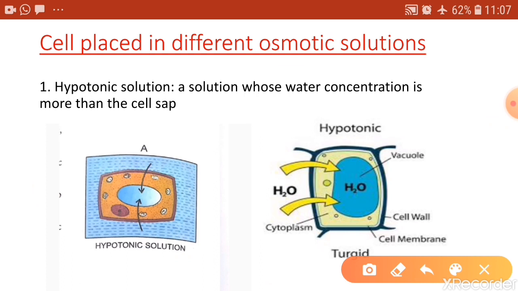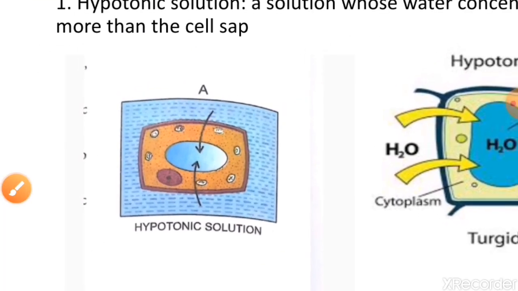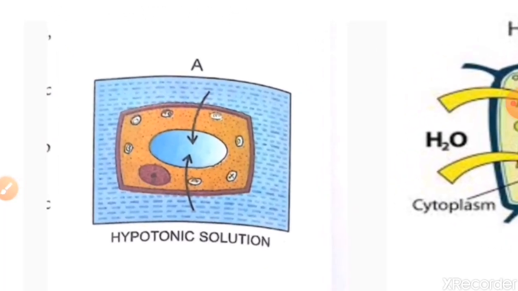We'll see what happens to plant cells and animal cells when they are placed in these three types of osmotic solution. First, let us study the hypotonic solution. A hypotonic solution is a solution whose water concentration is more than the cell sap. What does it mean? Let us have a look at this diagrammatic representation.